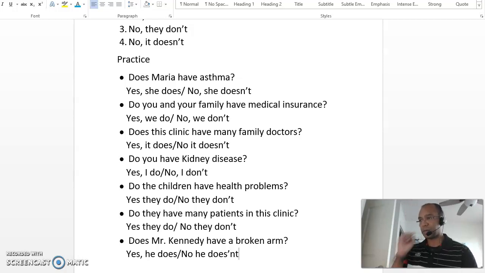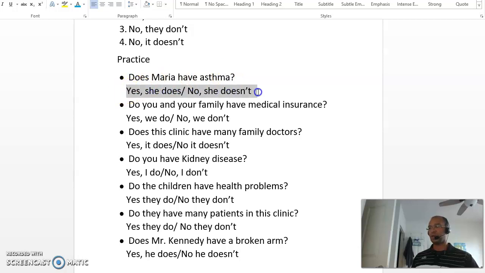Right? Sorry, I think this is correct. So these are the two ways that you could answer. Okay, so let's go over this. Does Maria have asthma? Yes, she does. Or you can always say no, she doesn't.